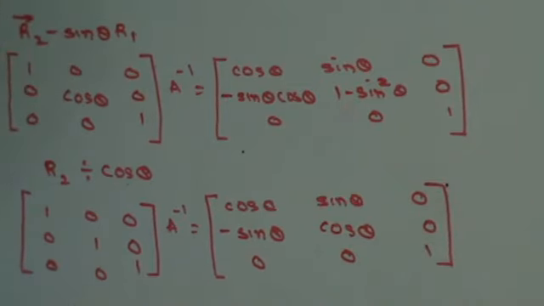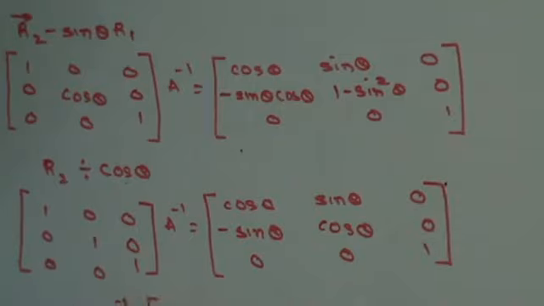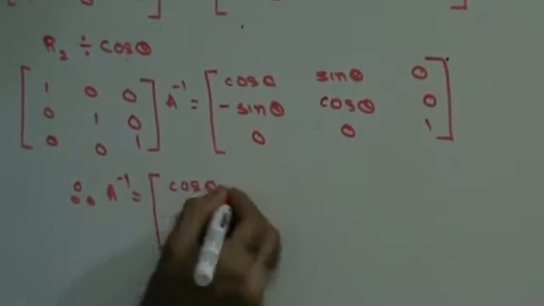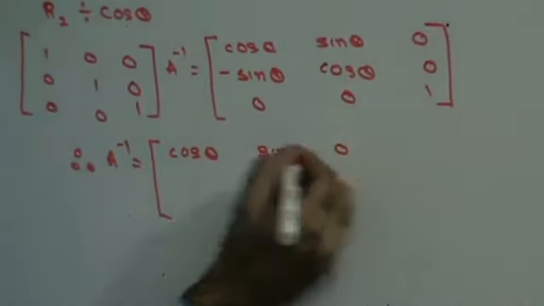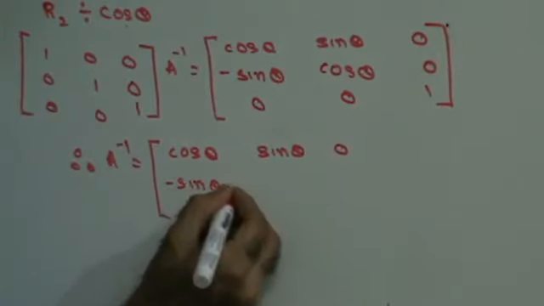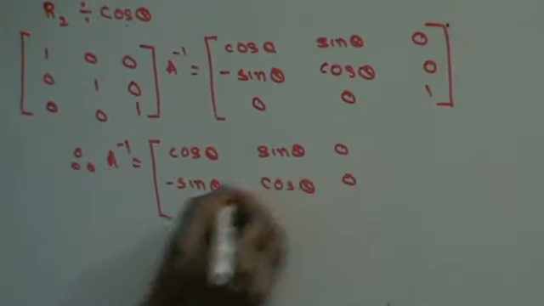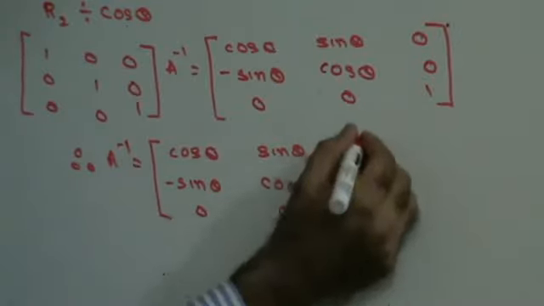Therefore, A inverse is cos theta, sin theta, 0; minus sin theta, cos theta, 0; 0, 0, 1.